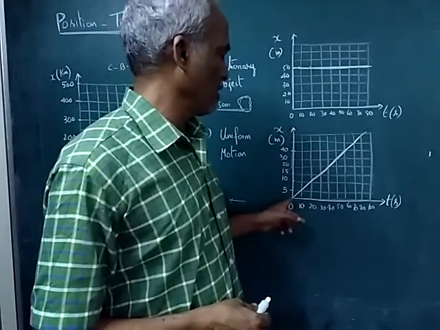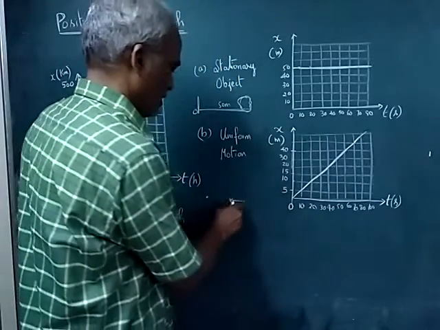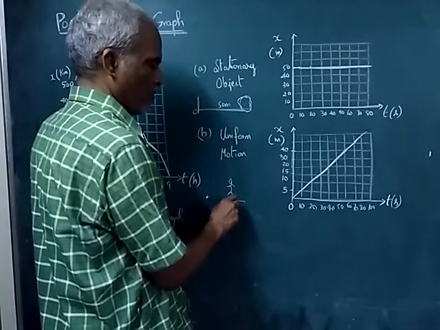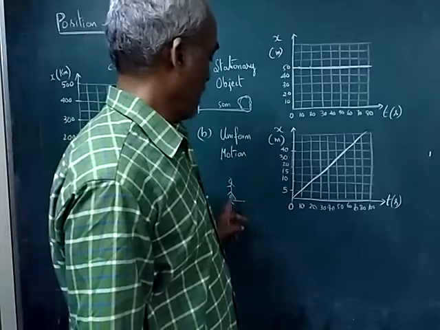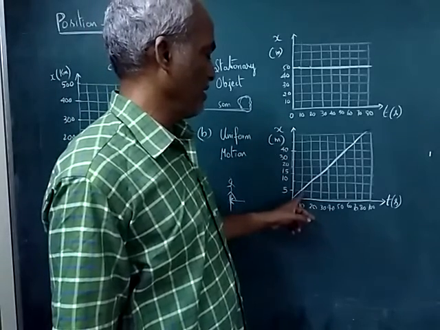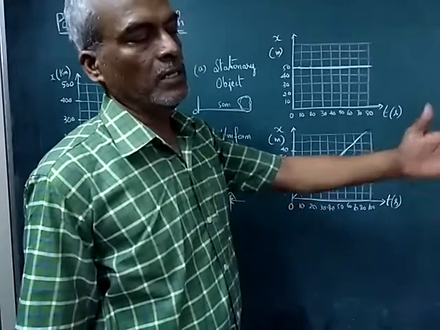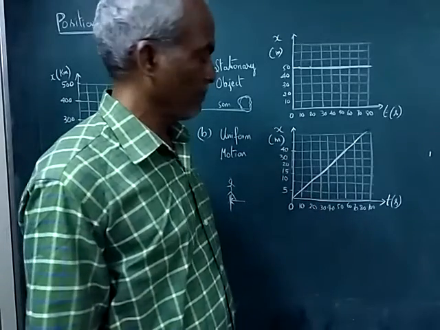So initially you assume at 0, a person is walking from this reference point. After 10 seconds, he reaches 5 meters. It takes 10 seconds to reach 5 meters.